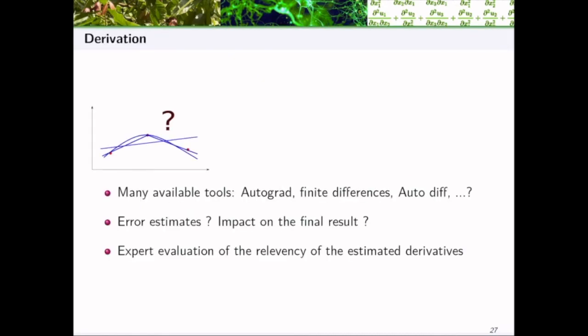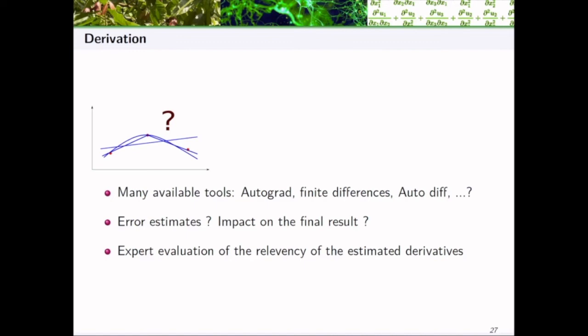For the next step, the derivatives are computed from the extrapolated values. It is obvious that the extrapolation choice has a great impact on the results, not to mention that there are many available tools to compute the derivatives. And remember, we saw that the derivative computation method is not neutral. Numericians may ask about error estimates.